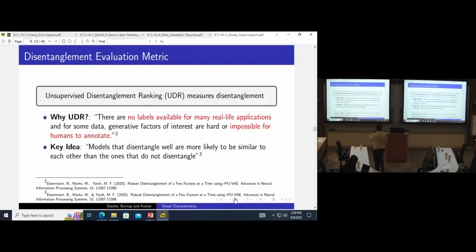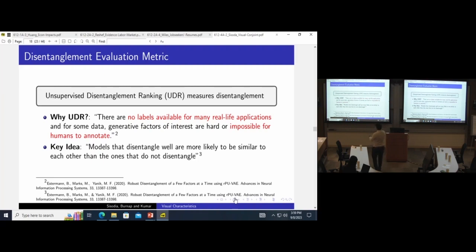The metric we use is known in the literature as unsupervised disentanglement ranking, and we chose this metric because it does not require any ground truth, which we did not have. It's based on the notion that if there is a truly disentangled representation, then no matter what the starting point of the optimizer is, it will always converge to something very similar.